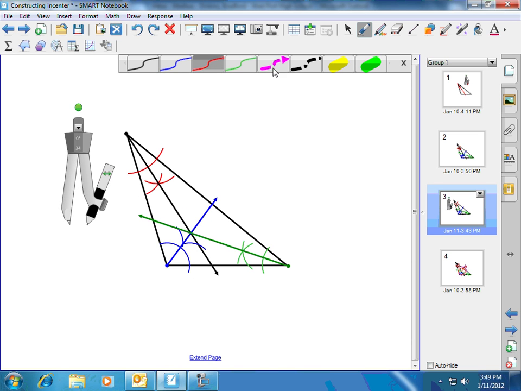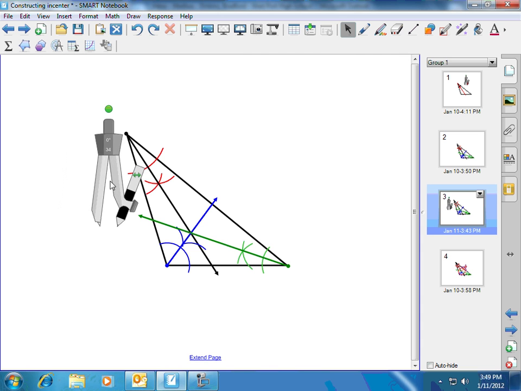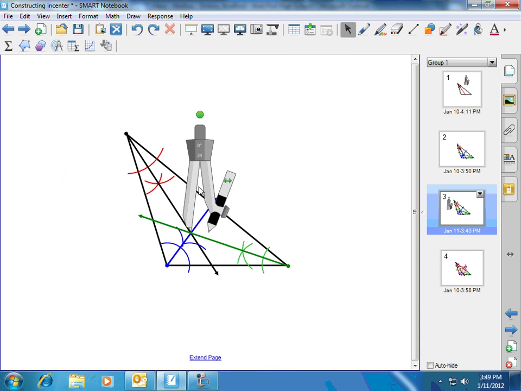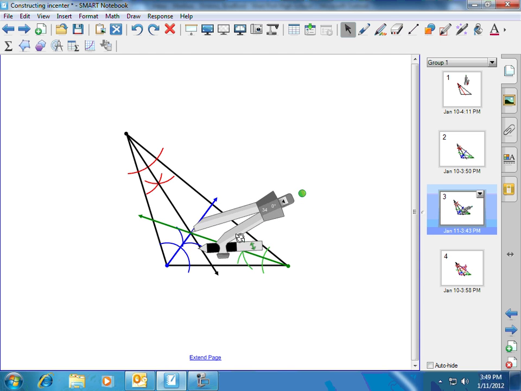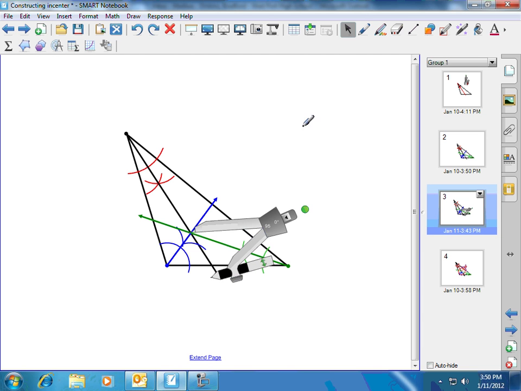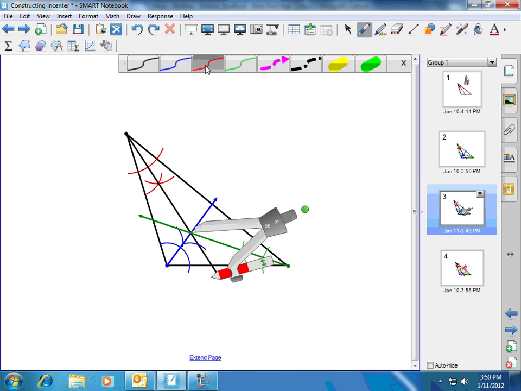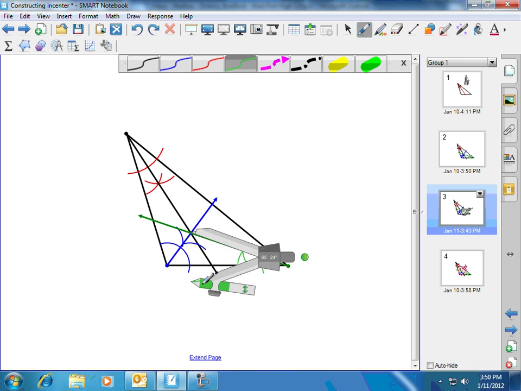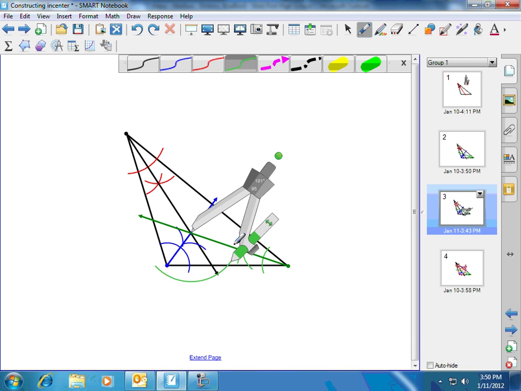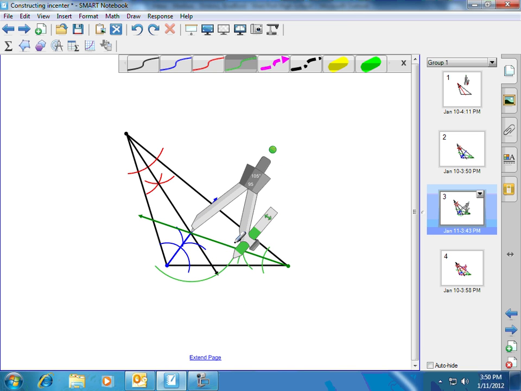So the way you do that, you place your compass needle on the incenter. All right, and then you construct an arc that goes through the side there. I could extend this side out so it goes through there, but let me redo this.